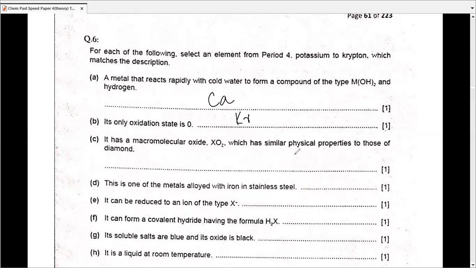Next. It has a macromolecular oxide which has similar physical properties to those of diamond. Come on. We have only studied three macromolecules. It's one out of those three. This should be easy.